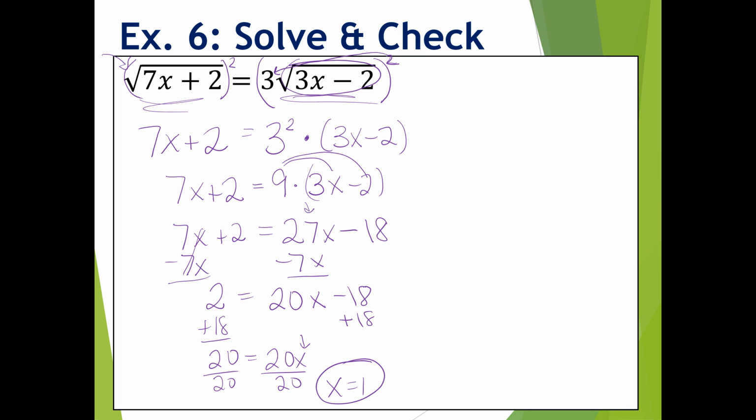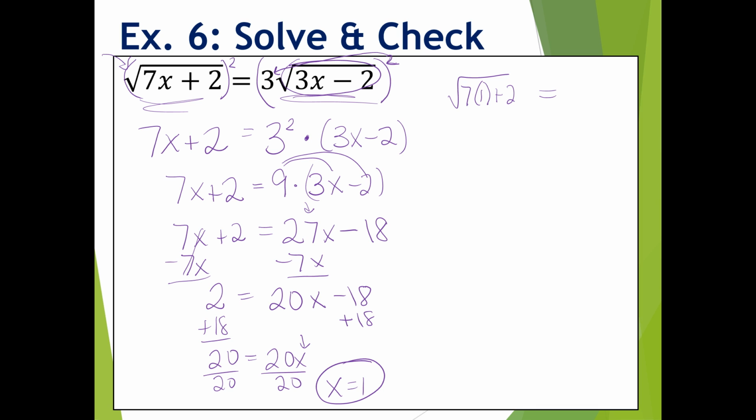If you have stuff that's coming out negative, and I'll show you an example of that in a minute, that's definitely a sign that you should check. And if any quadratic stuff comes up, I would definitely check. So this one has 2 radicals, so I definitely think we should check to make sure they both come out fine.